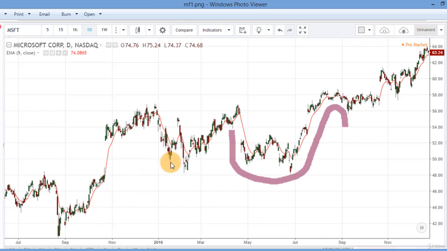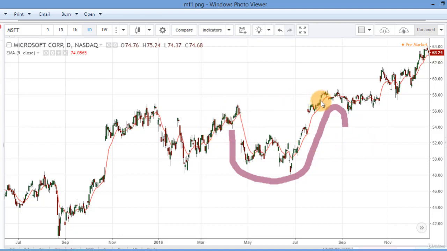This is the consolidation phase where the stock is moving in a range. This is the range, this is the resistance line, and this is the support line. So just watch, this is the cup and handle formation. That is a continuation pattern. This pattern we have studied earlier in this course.